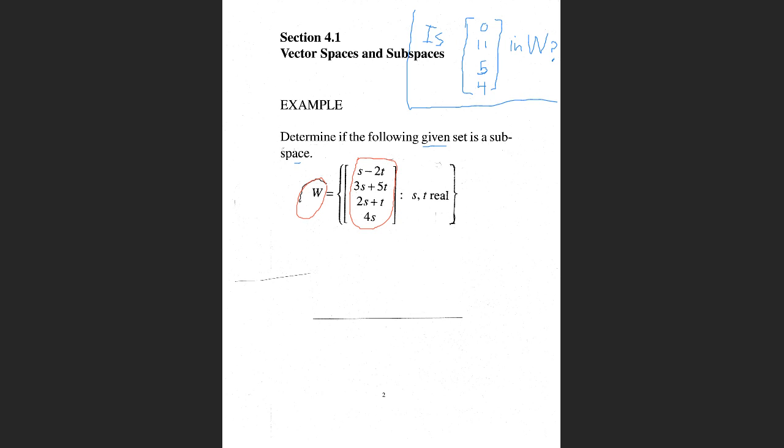So look at the first two entries here. Look at the s minus 2t and the 3s plus 5t. If it's going to match the 0 and the 11, what would s have to be?